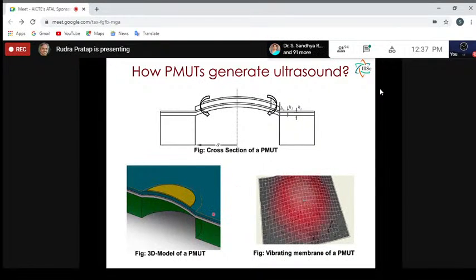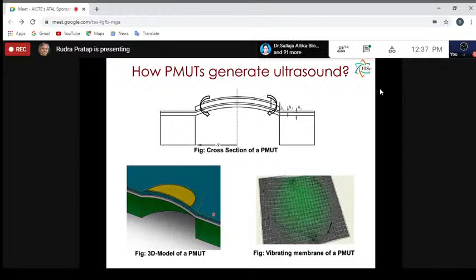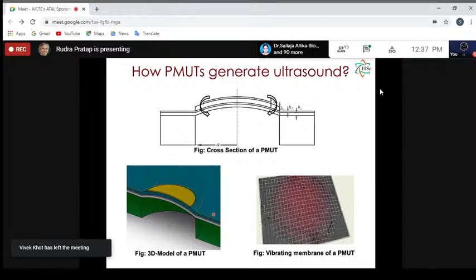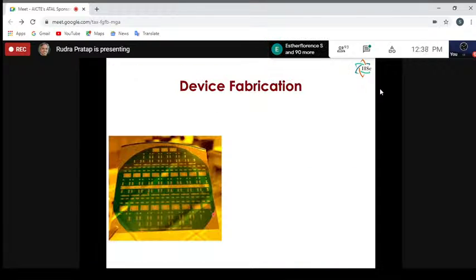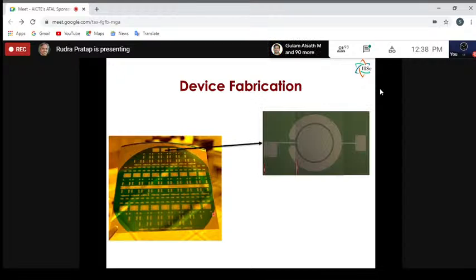You can vibrate it at its natural frequency. In that case, you will get resonance, and that's how ultrasound transducers are generally used, at their resonance, so that you have a lot of displacement and you can produce louder sound. So this is how devices are fabricated.